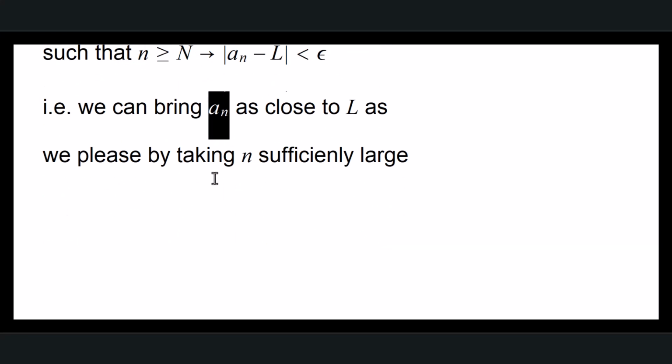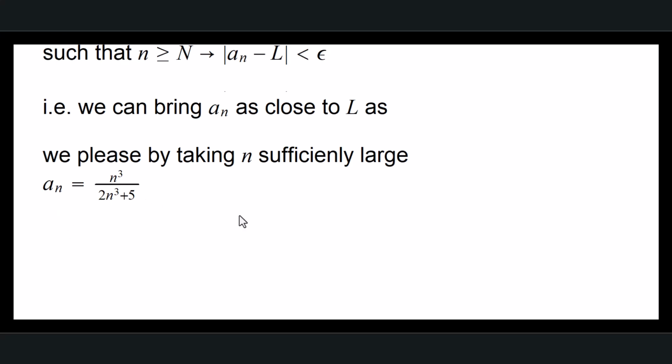So for instance, say we got a_n equals n to the power 3, divided by 2n to the power 3, and say plus 5.